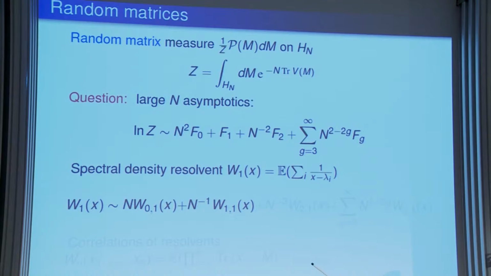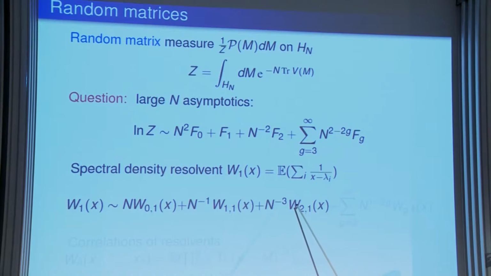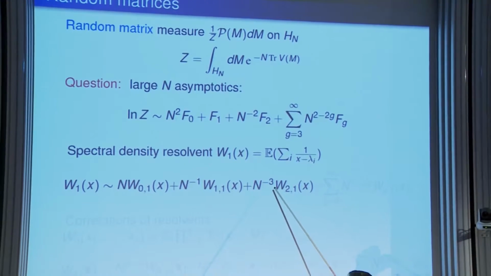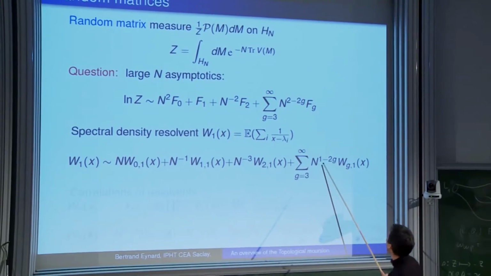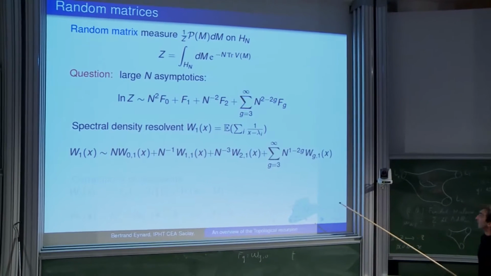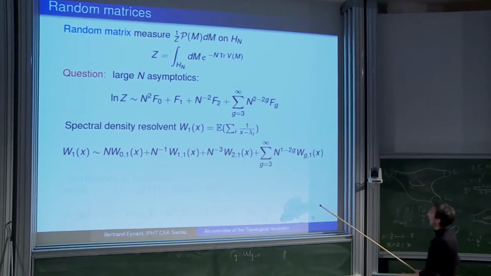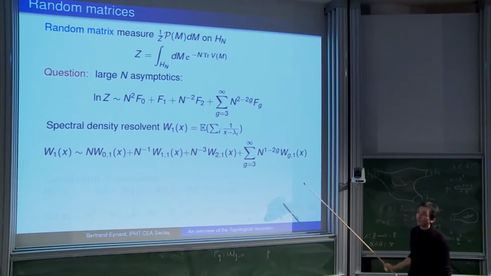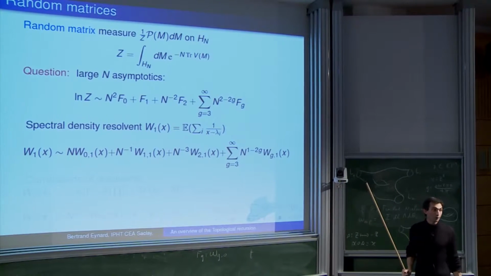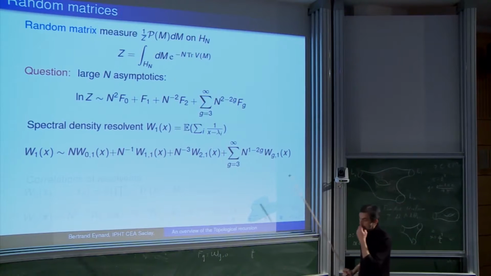Again, it goes by only even powers of N. Then the second correction is with N to the minus 3, and so on, N to the 1 minus 2g, W_g^1 of x. And again, the question was, how can you compute all this sequence of functions?